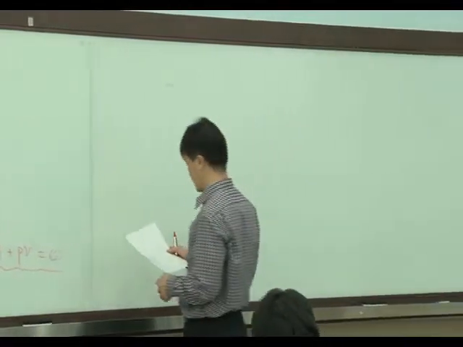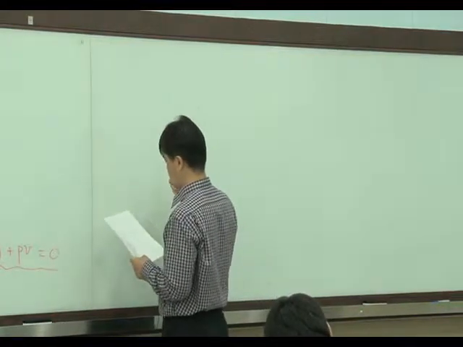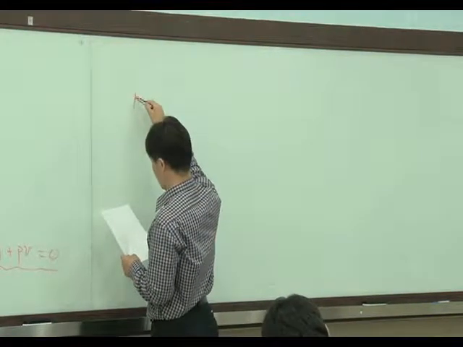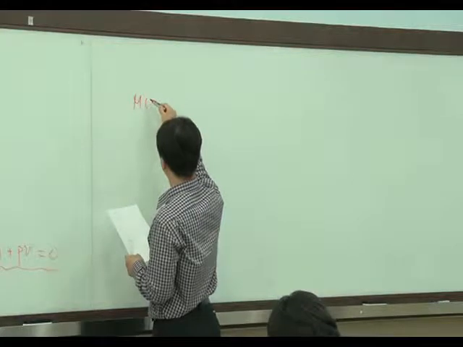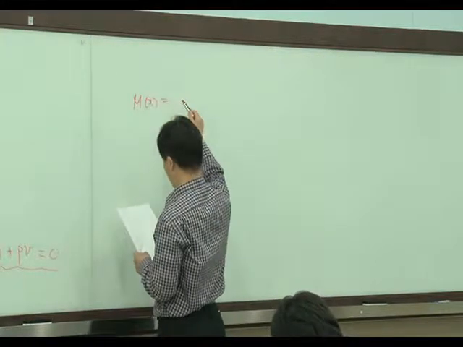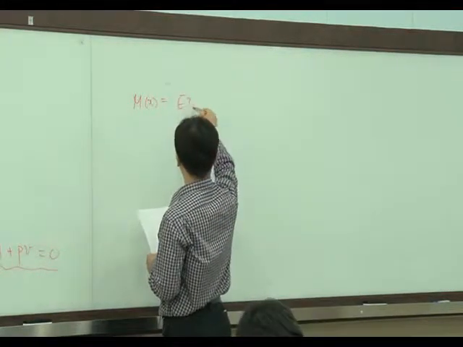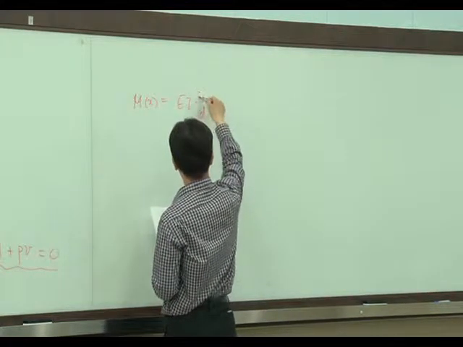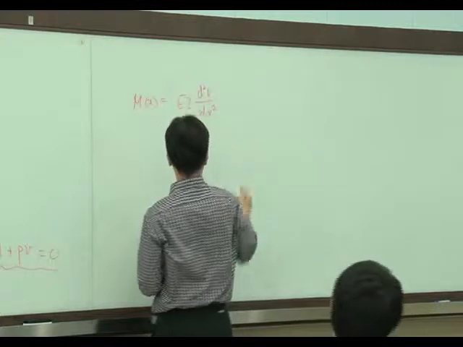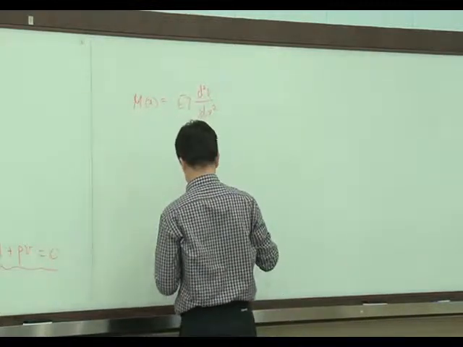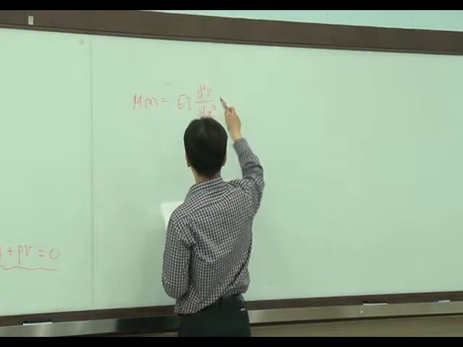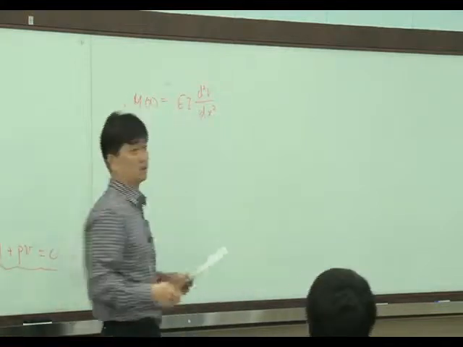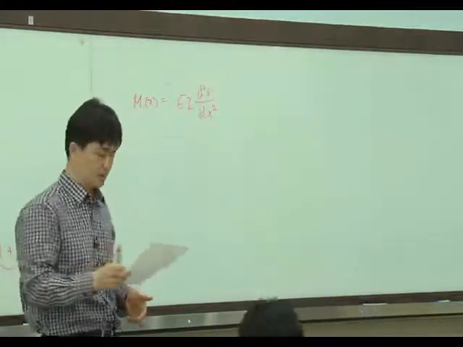But here I applied a small force, and then M is also a function of EI and d squared V over dx squared. This is from the Euler beam theory.